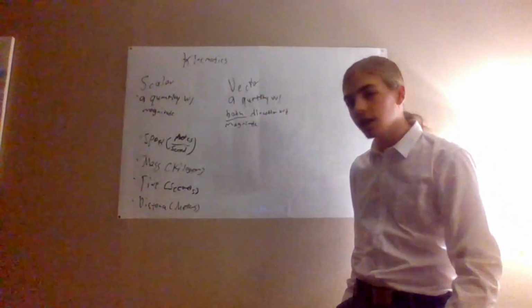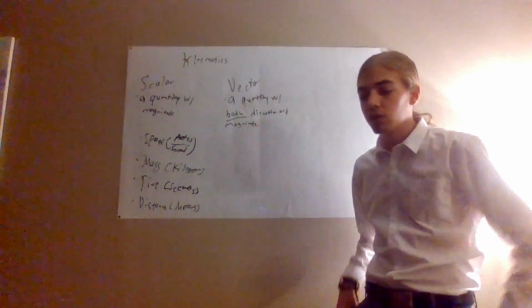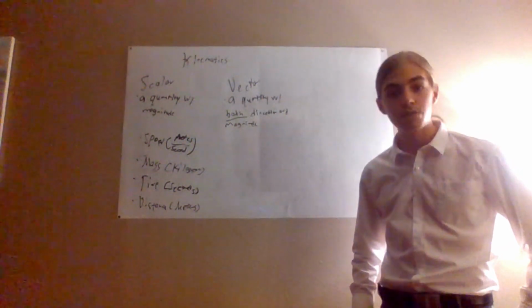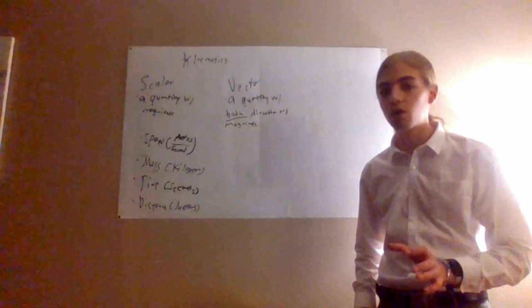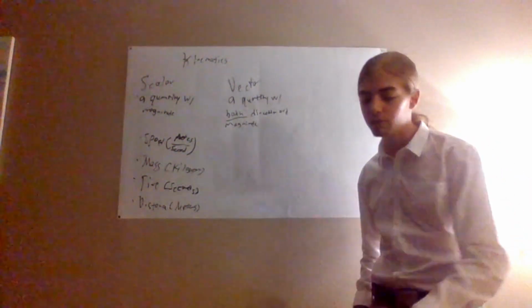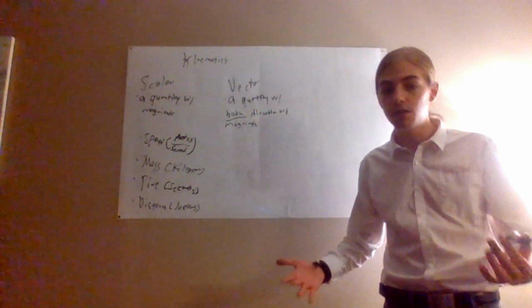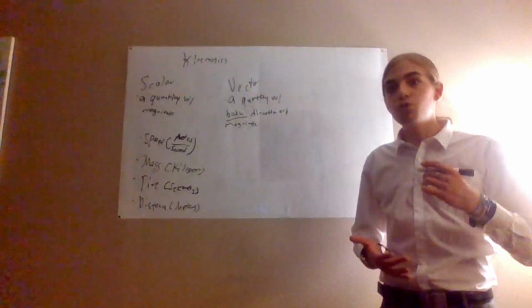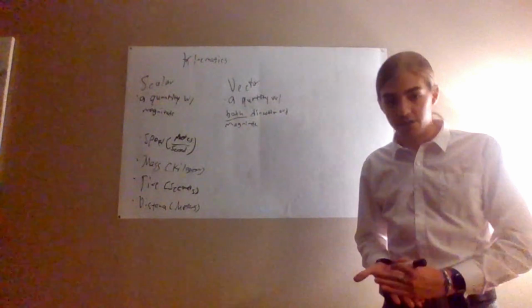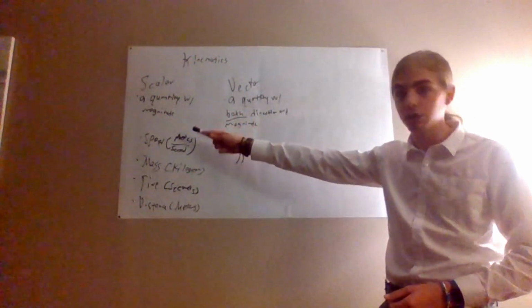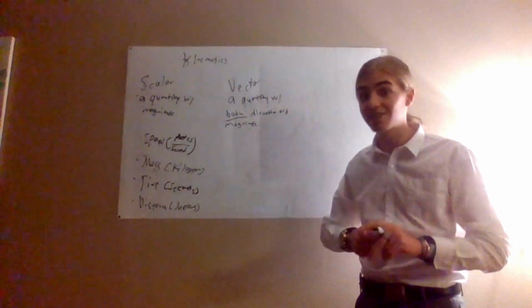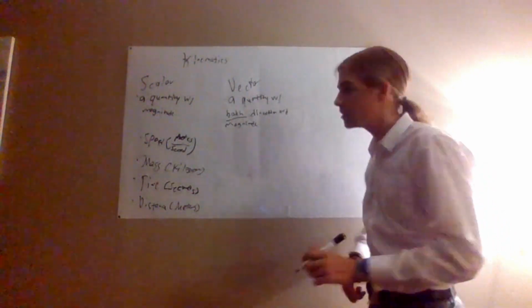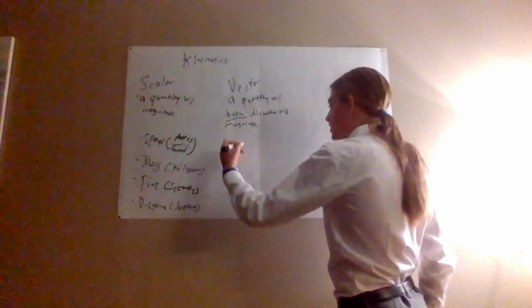I would not be surprised if your grader on the AP exam would mark your answer wrong if you did not include a direction, because at that point you are straight up giving the wrong answer. You're giving a scalar quantity when you're being asked for a vector quantity. That's not good. Do not be that guy, please. So some examples would be velocity.